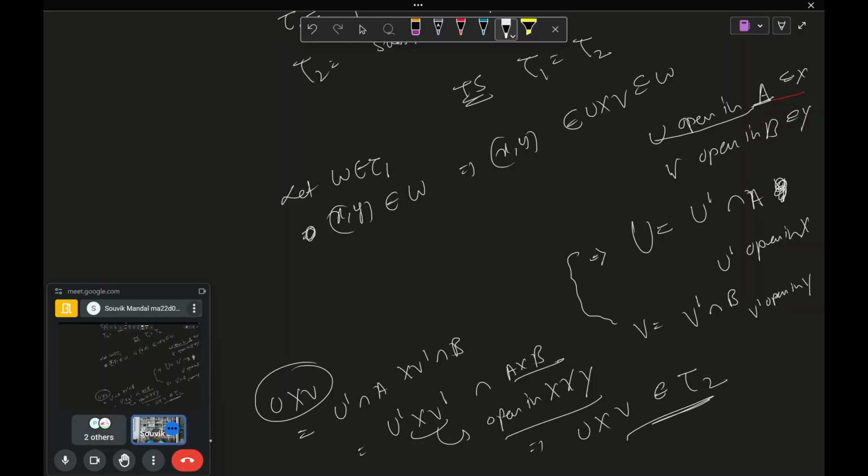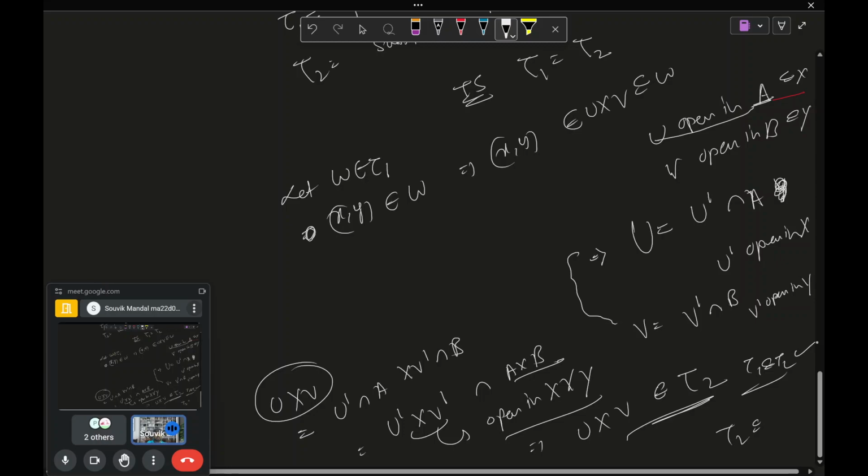So this is one direction, and this direction is over. This is what tau one subset of tau two means. And the converse direction, tau two subset of tau one, is actually direct. So there is nothing to do here.